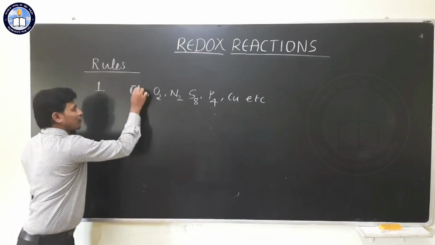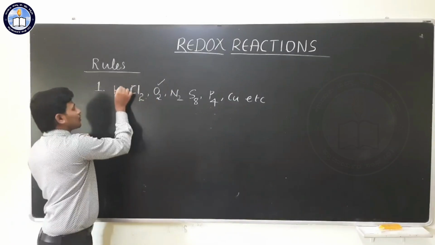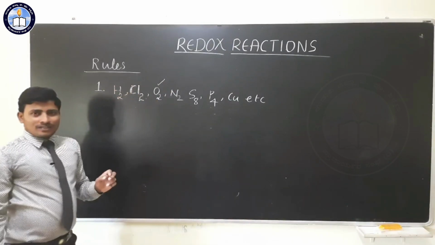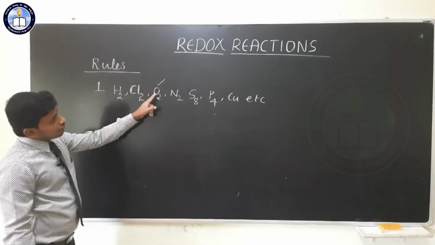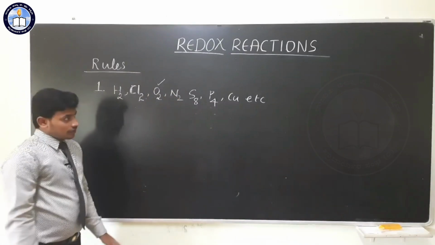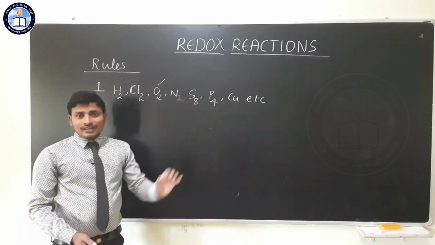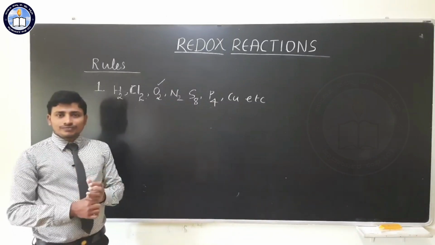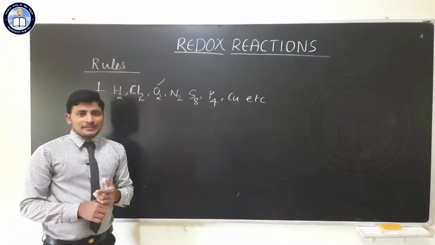Cl is available in the form of Cl2. You can take the example of oxygen, even hydrogen, which in nature is available in the form of H2. Oxygen is in the form of O2, nitrogen in the form of N2. In such situations, their oxidation number is taken as 0. Keep it in mind.